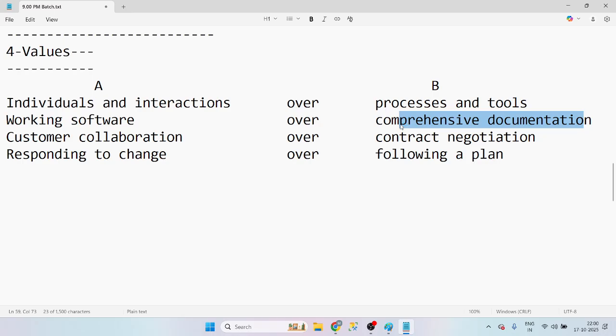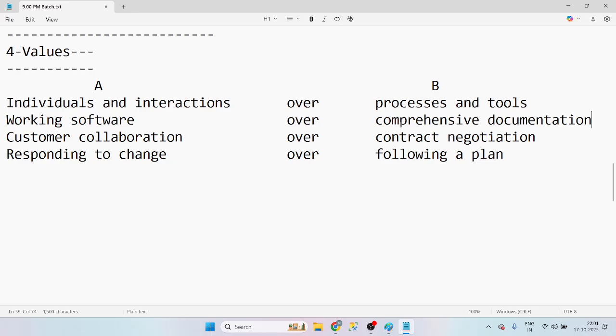Because if the builder who is constructing the house is capable, once he sees the documentation, he has some idea, because he has constructed a lot of houses previously. He has a lot of experience. If he sees that documentation, he can easily build the house, right?